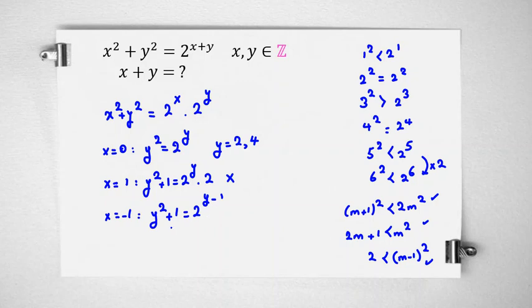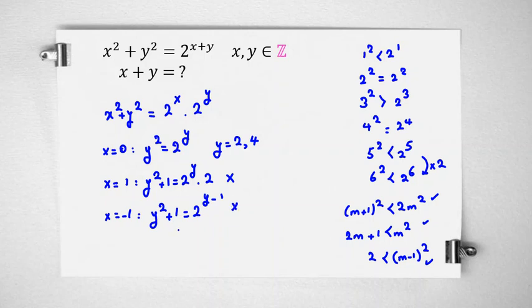If y is 2, it is 5, it is 2. If y is 3, it is 10, it is 4. Y is 4, it is 17, it is 8. If y is 5, it is 26, it is 16. Y is 6, 37, 32. Y is 7 will be 2 to the 6, 64, so this one will be greater. So here again, we don't have any answer.